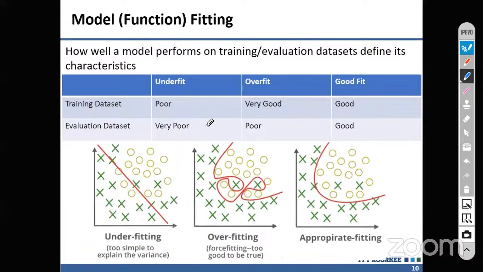Now, when we have a data set and we create different models, some models may be very simple.